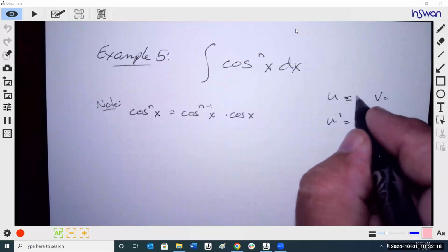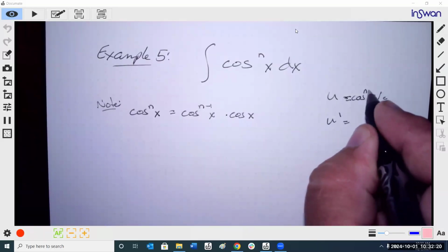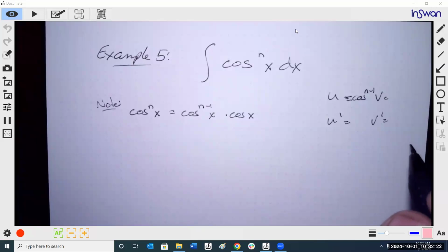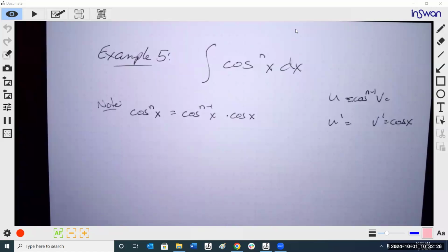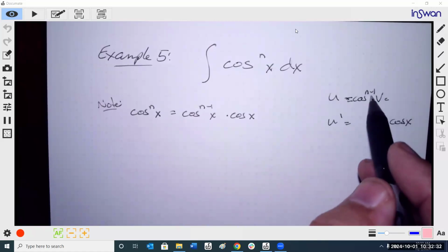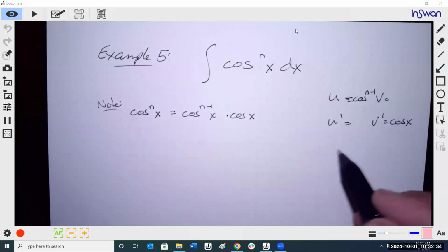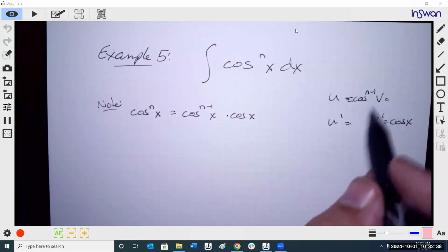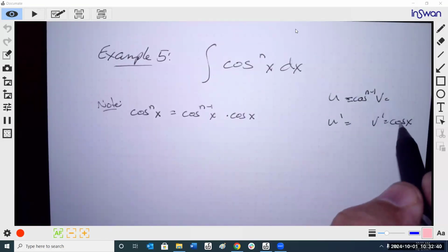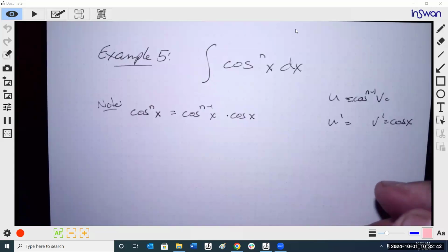So the u part would be cosine n minus 1, and the v part is our cosine. We're making one of them definitive because we're losing powers each time we take a derivative of it. It becomes n minus 1, n minus 2, eventually n minus n. However, the integrals of cosine keep on repeating forever.